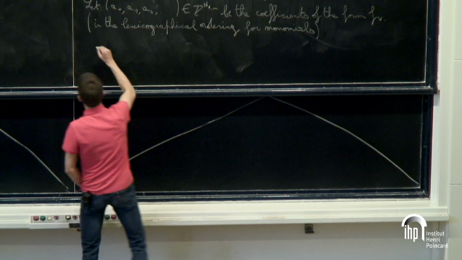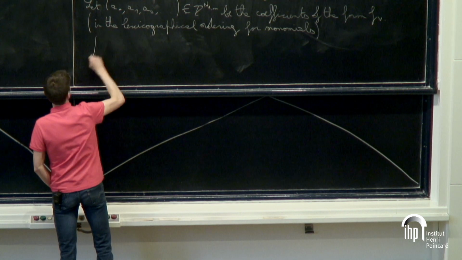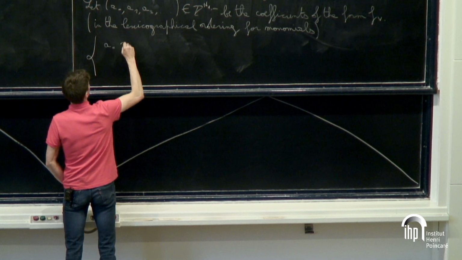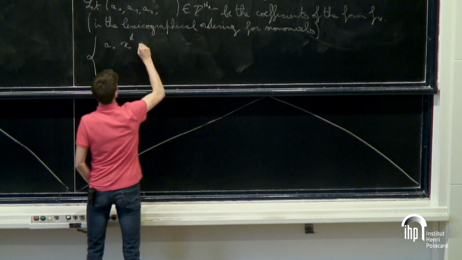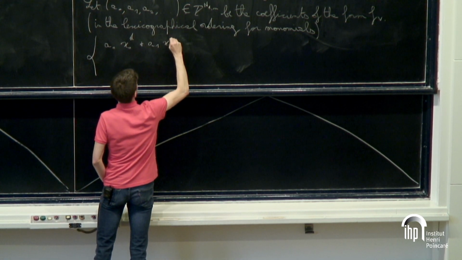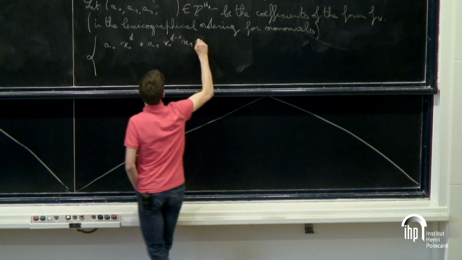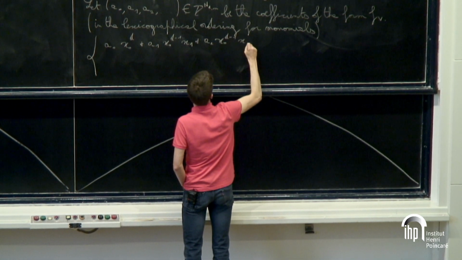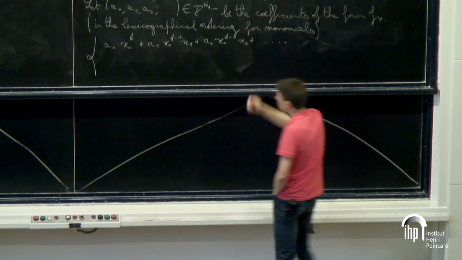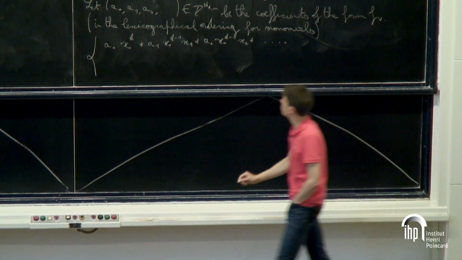Okay, so explicitly, we are dealing with something which looks like this exactly. So a0 x0^d plus a1 x0^(d-1) x1 plus a2 x0^(d-1) x2 plus, and then all the remaining coefficients, equals 0.